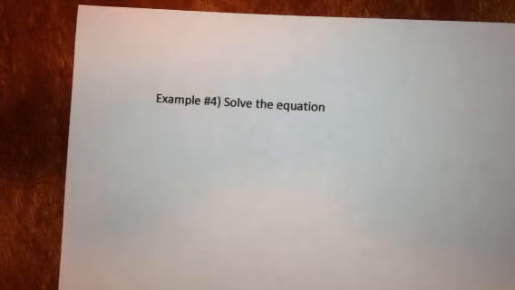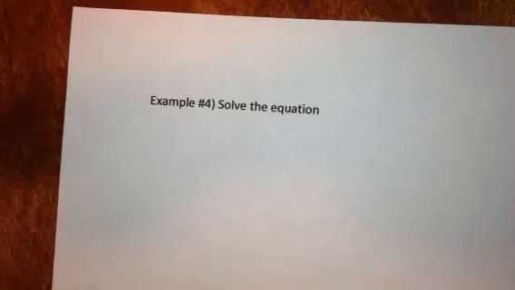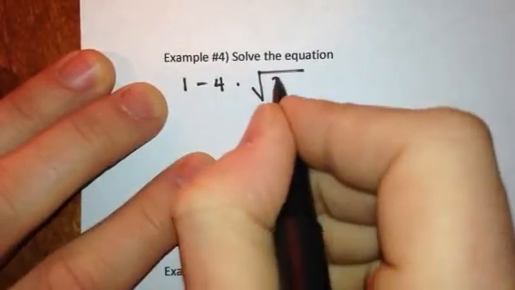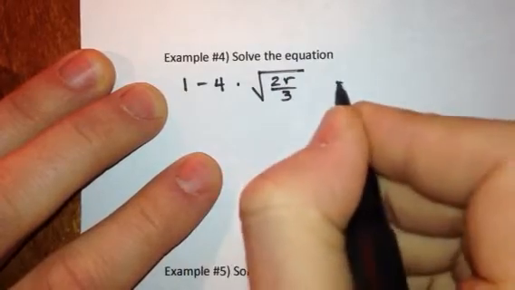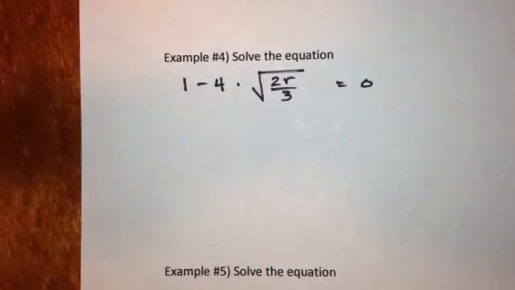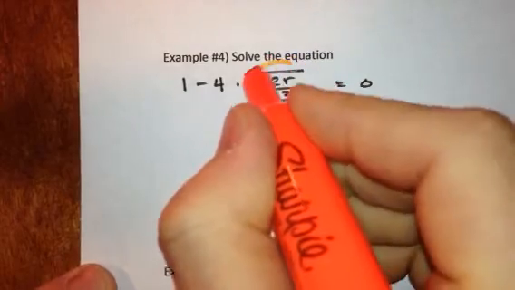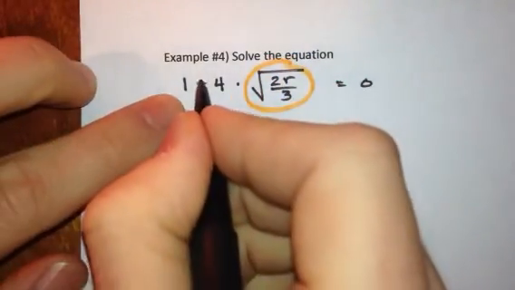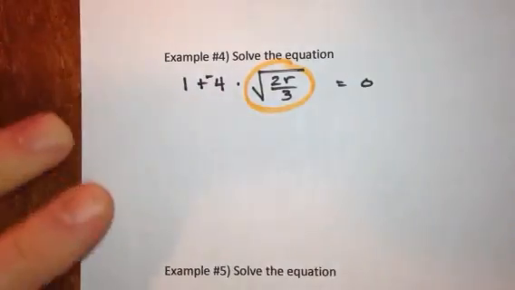For example number 4, I want to look at a problem where we've got some fractions involved. So for instance, suppose we had something that looked like this. 1 minus 4 times radical 2r over 3 is equal to 0. Well, for this one, step 1 is to get that radical by itself. So we say the 1 is added on, the negative 4 is multiplied.